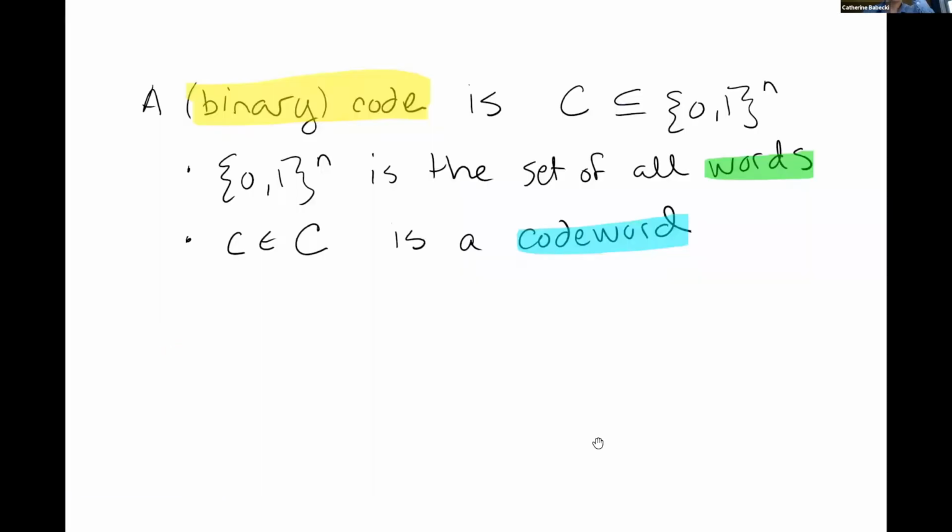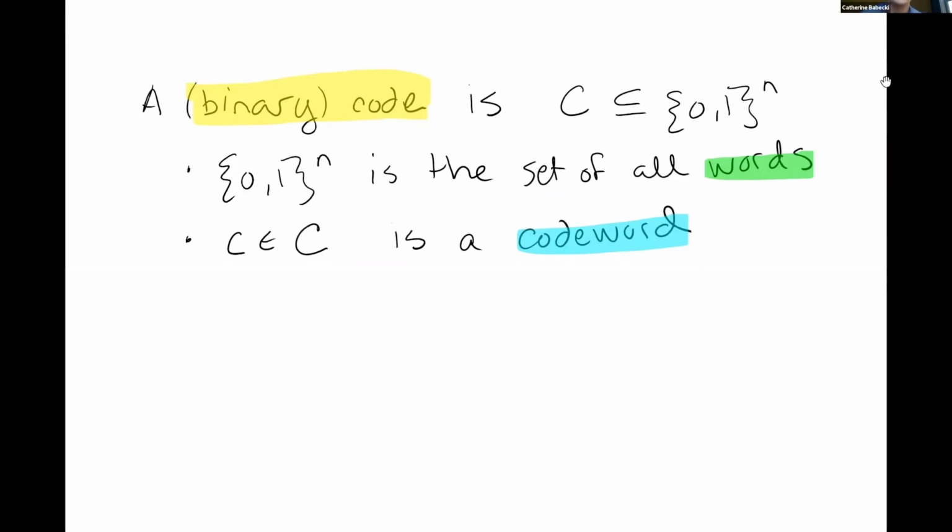We're going to focus on binary codes today, but you could consider codes over a larger alphabet than just 0 and 1. For instance, if you had zeros, ones, and twos, that would be called a ternary code. Obviously you can generalize, but we'll stick with zeros and ones for now.